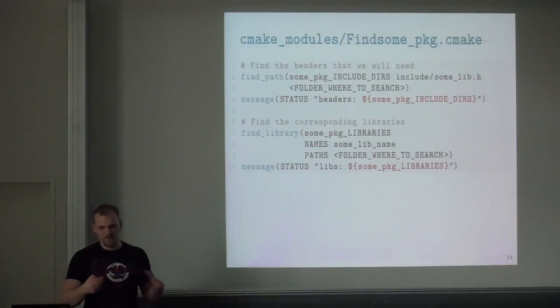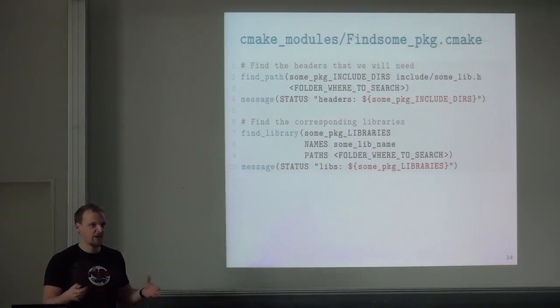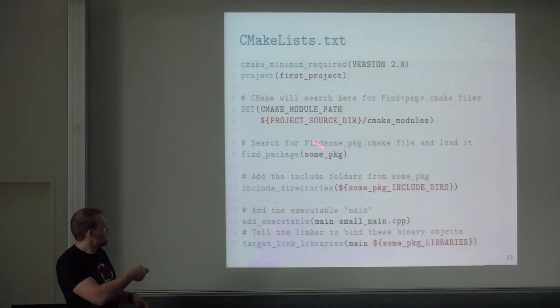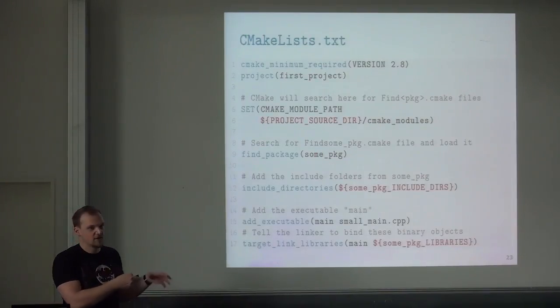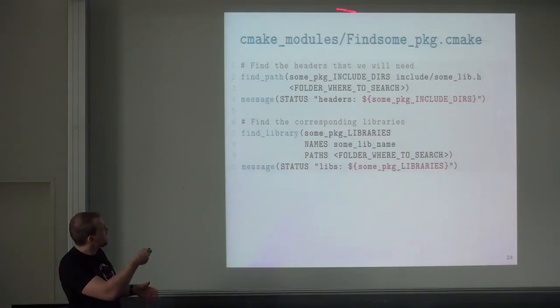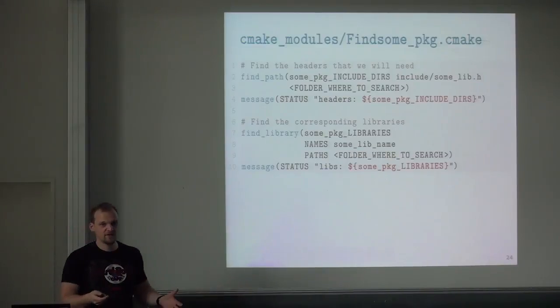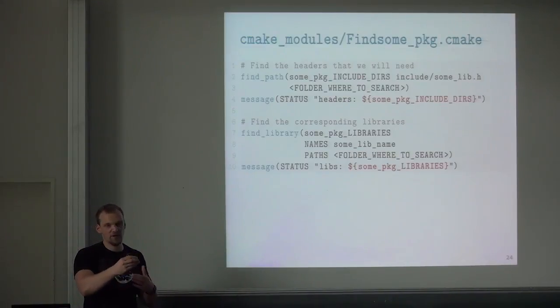Right, so again, to show you that it's not magic, here we wanted to find package some package. So what it does, it searches for this file over here. It goes to CMake modules, FindSomePackage.cmake. And it's just another CMake file. It's just a small part of it, right?